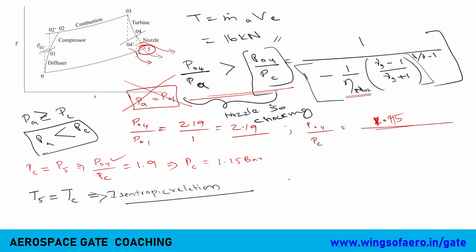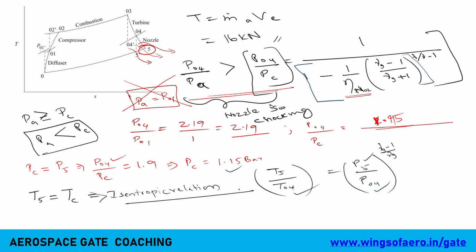And what is the isentropic relation? T5 by T04 equals P5 by P04 power gamma minus 1 by gamma. And this gamma again, for the gases, we will take. Now you will substitute, you know this value is also known, and from here this is also known. So you can find the temperature at this choking condition.